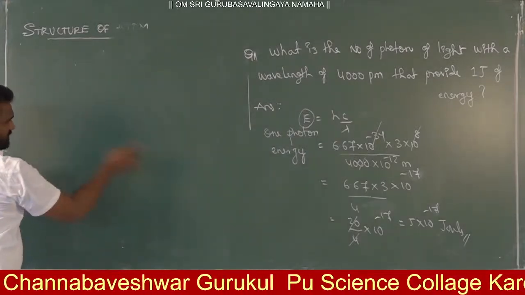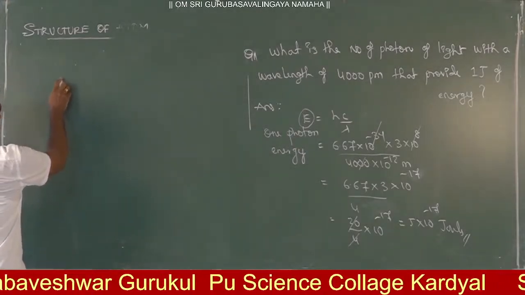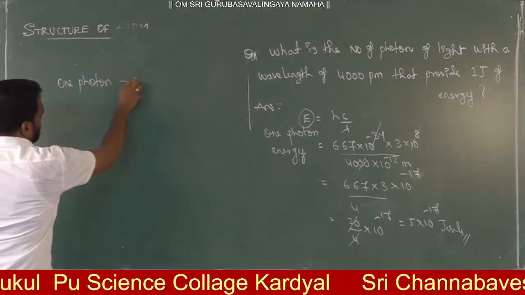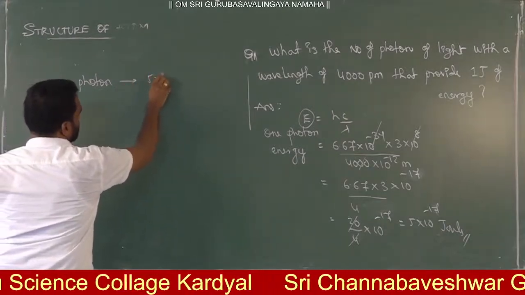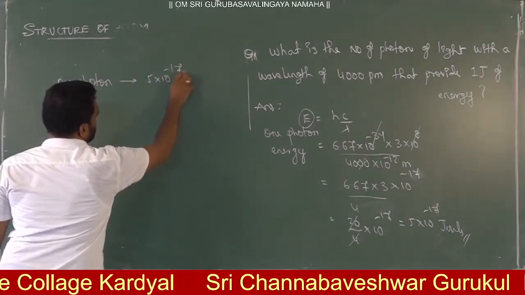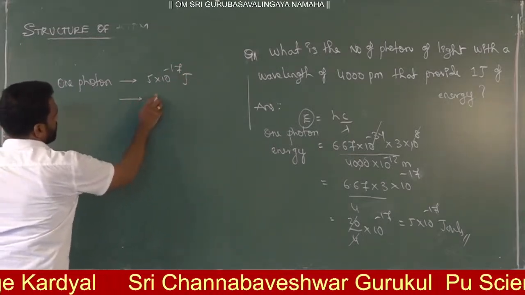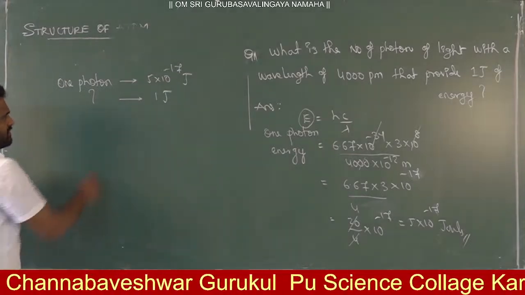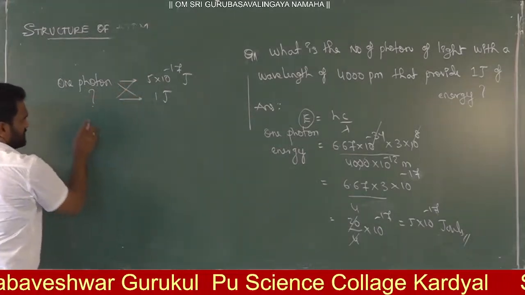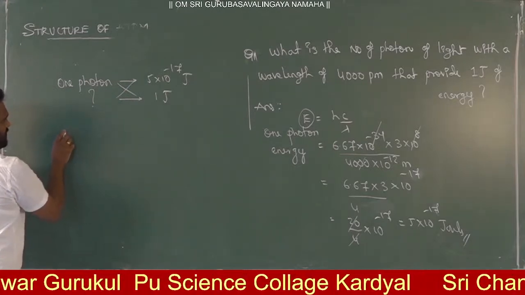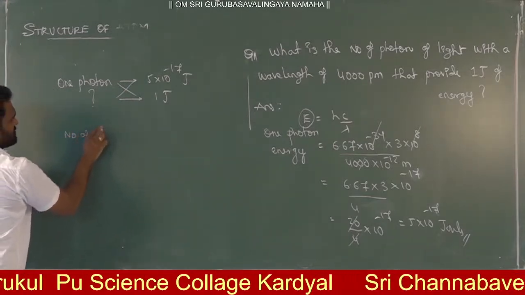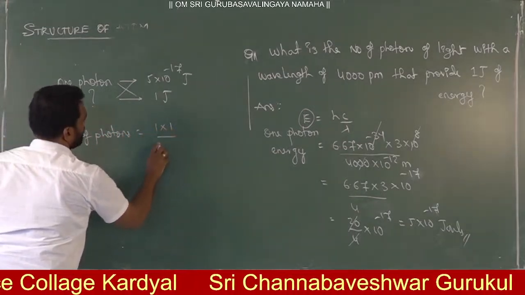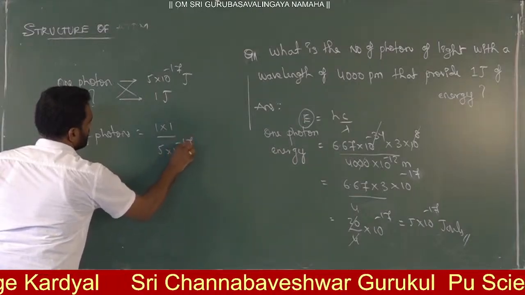According to the question, 1 photon energy is equal to 5 into 10 power minus 17 joules, and if I have 1 joule, how many photons are there? This is the question mark. Do the crisscross: x, the number of photons, will equal 1 into 1 upon 5 into 10 power minus 17.